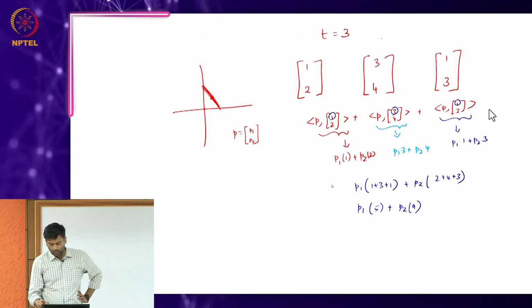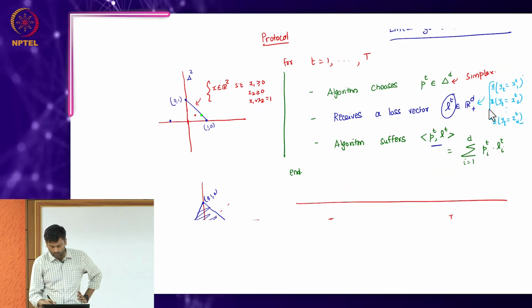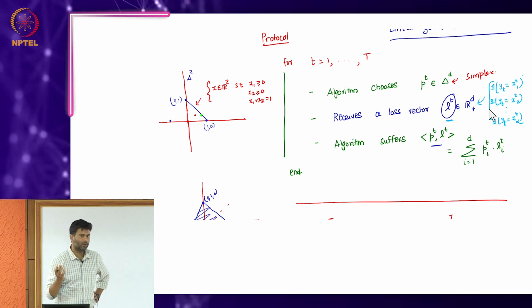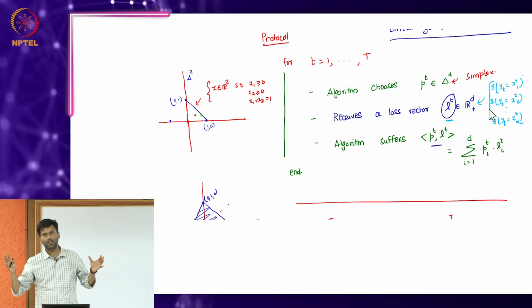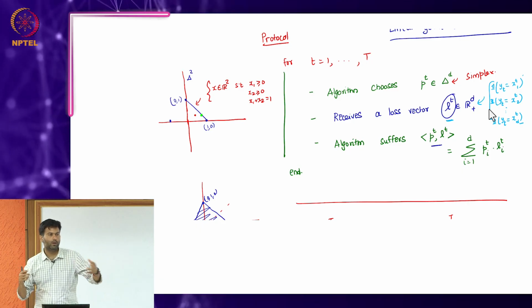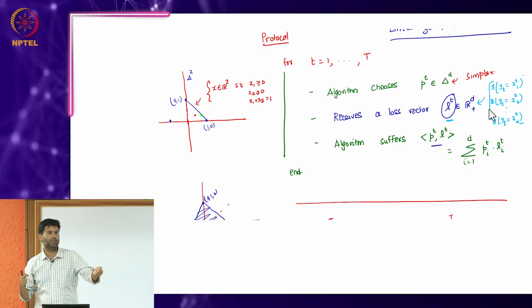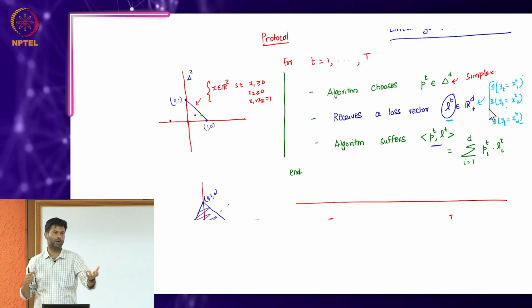Now the advantage of doing it this way is that this loss need not be a 0-1 loss, it can be an arbitrary loss vector, right? So you can generalize this problem from the stock market to a much broader class of problems. I pick some model in a machine learning sense.